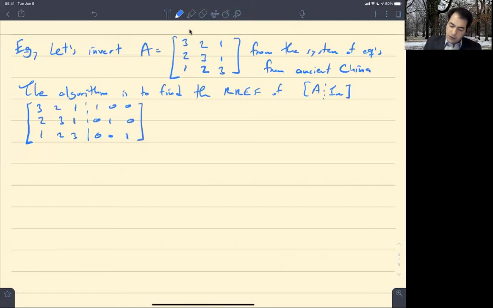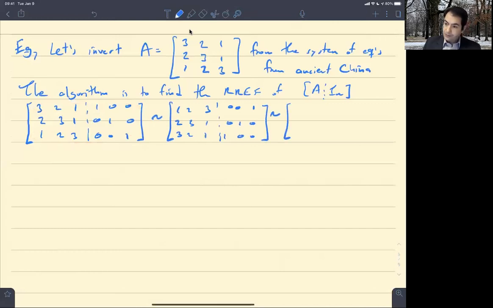Right? And now we'd start with row operations. So just like before, let's start by switching the order of these two rows. All right, so I end up with 1, 2, 3, 0, 0, 1. Then nothing happened to this row, 0, 1, 0, and then this row, 3, 2, 1, 1, 0, 0. Right.